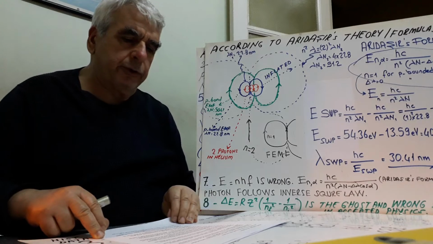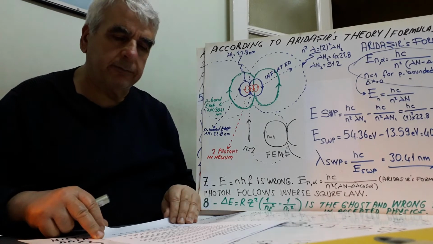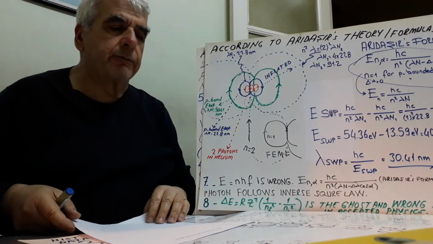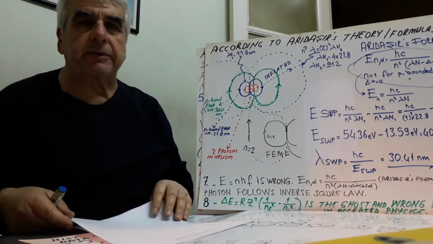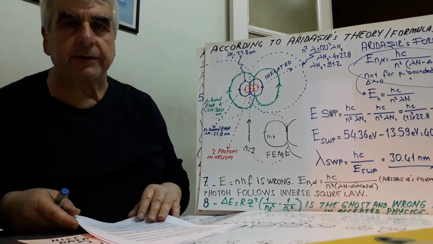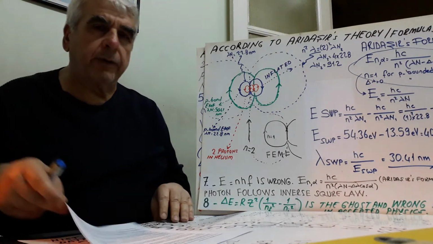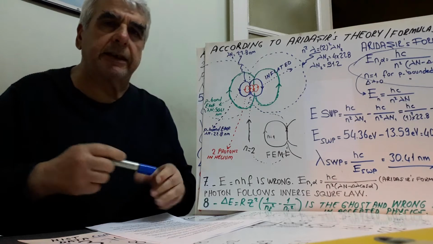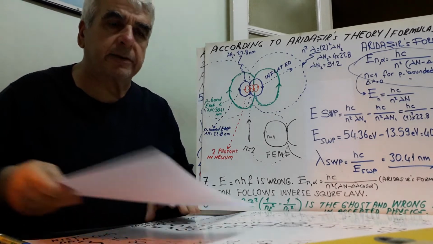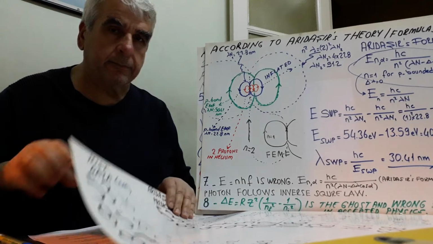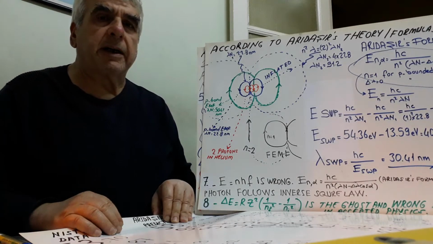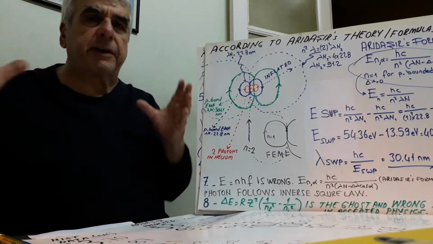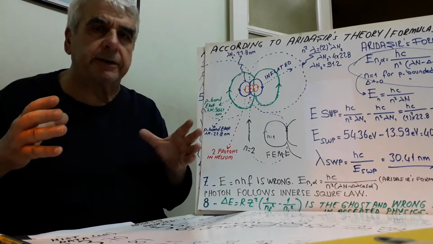The Rydberg formula used by quantum theory is the ghost and wrong formula in accepted physics. Finally, you cannot solve multi-electron atoms' spectral lines by using Schrödinger equations. This is impossible. You cannot predict.